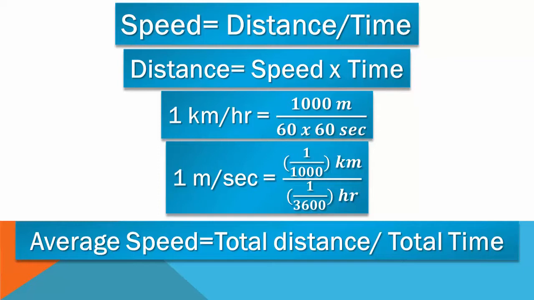So total distance equal to 3 plus 5 equal to 8, and total time is 1 plus 1 equal to 2 hours. So average speed will be 8 by 2, that is 4 km per hour. So to find average speed, you have to find out the total distance covered and the total time taken. With this, let us jump into the modules.